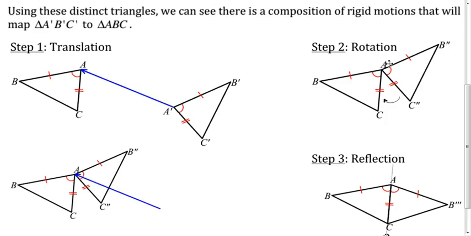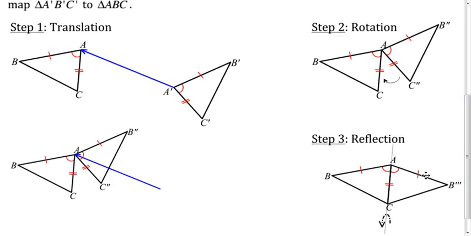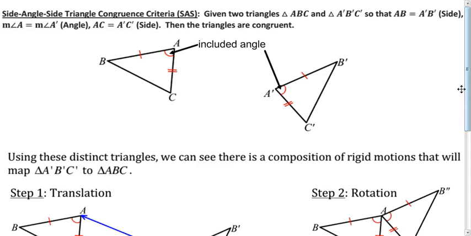Then if we rotate them, C and C double prime will coincide because we know that AC is equal to AC double prime. And finally, if you reflect this triangle on the right over segment AC, the triangles will coincide. So we can show side angle side is true by using those basic rigid motions.